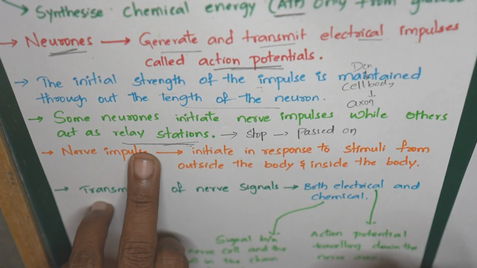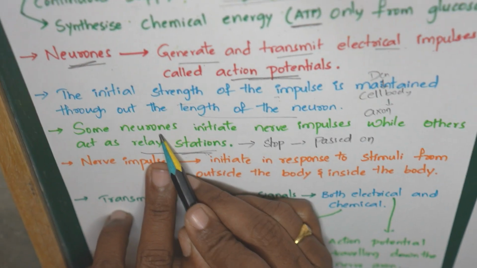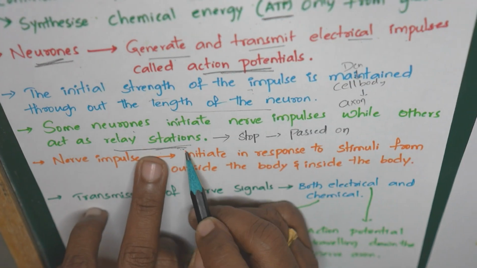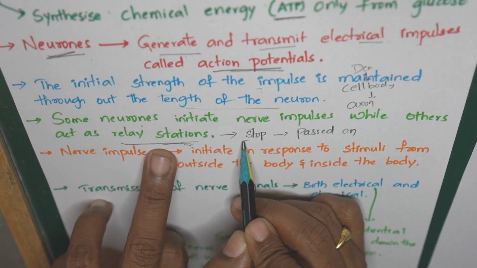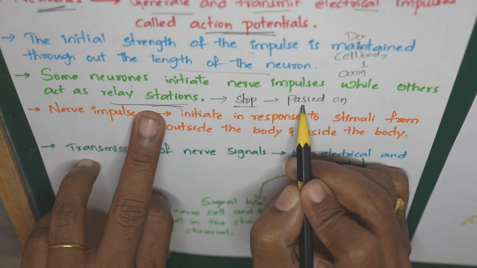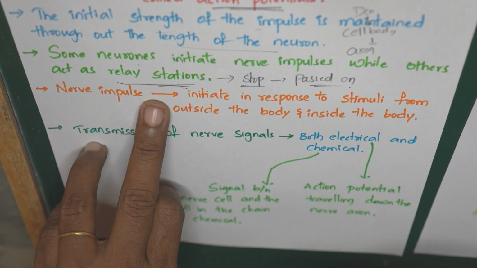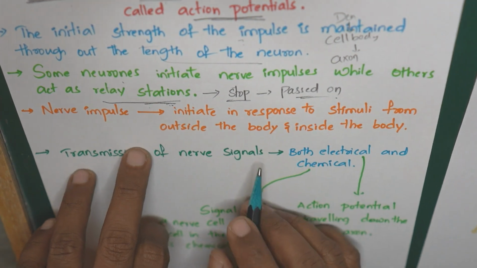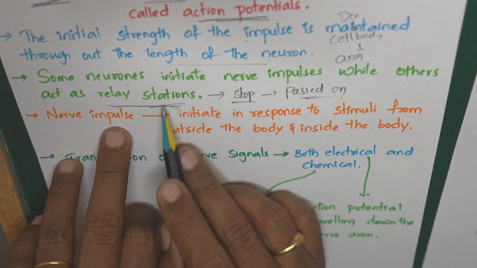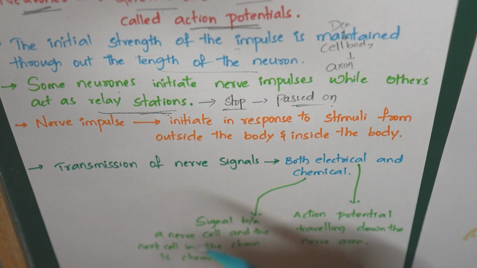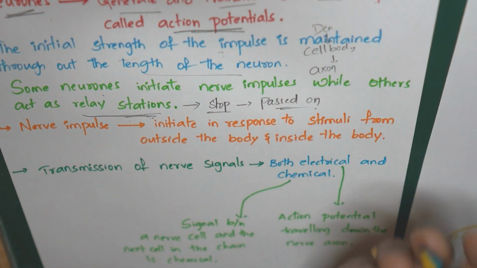They are not the actual stops. In the same manner, some neurons act as relay stations, where the impulses stop and from there are passed on or redirected to other neurons. And we are saying that the neurons transmit or generate an electrical impulse.